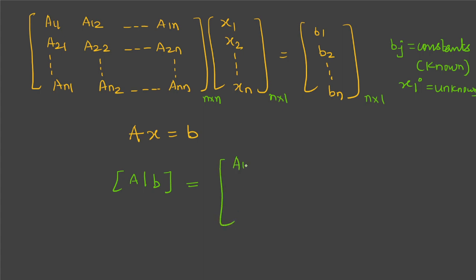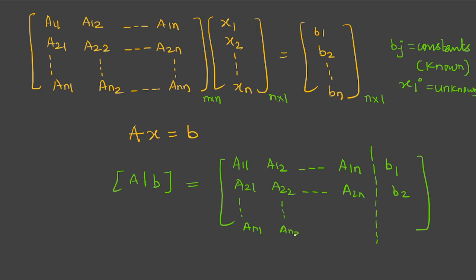We write it like this: a11, a12, then a1n, and we create a dotted line, and we also include the known column vector. So this is a21, then a22, a2n, then b2, and then finally we have an1, an2, ann, and bn.